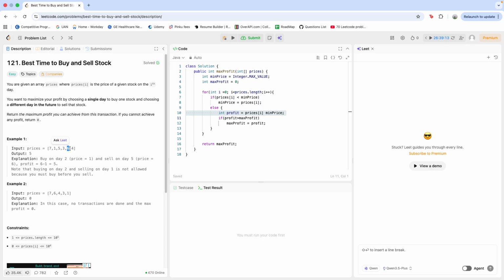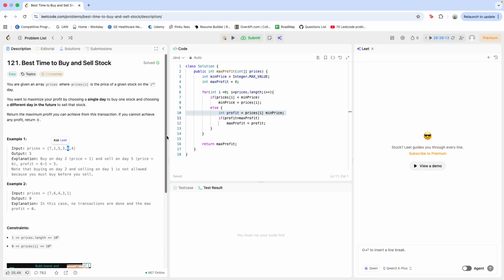So the final answer is that we buy the stock at 1 and sell it at 6, so the final profit would be 5. That is how our code works. And the time complexity, as we can see, is that we are iterating the array only once, so it is O of n.